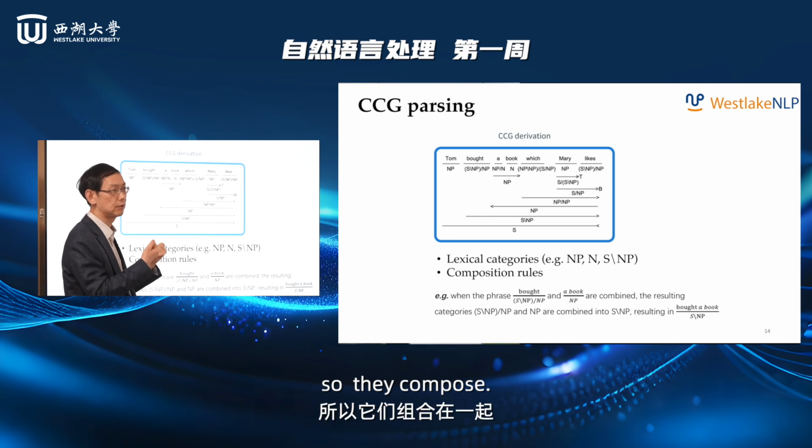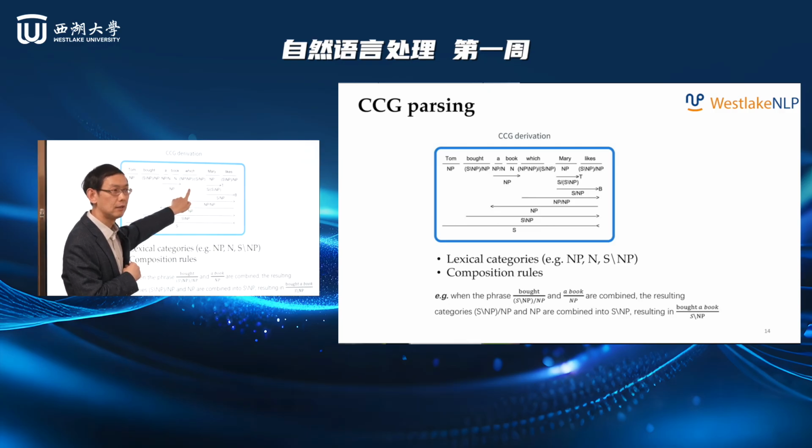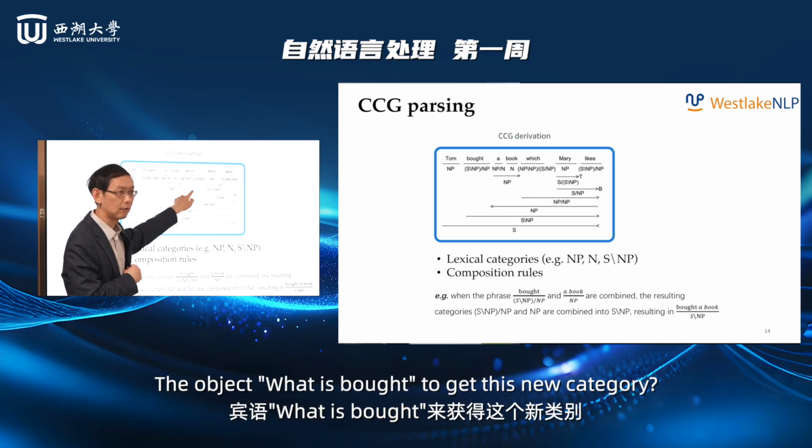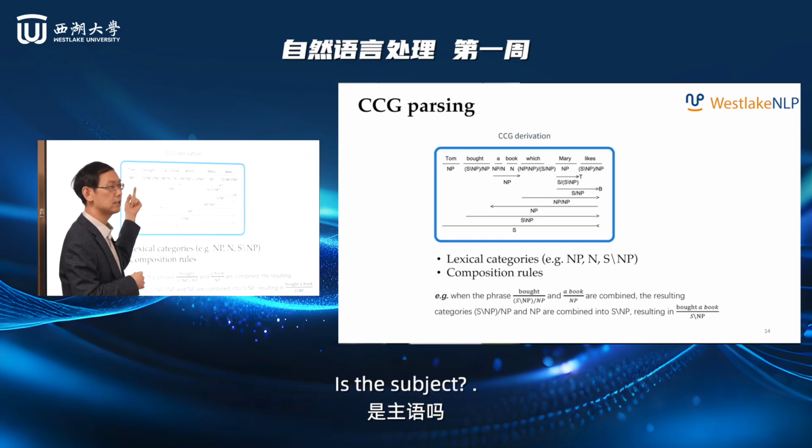So they compose, okay? So what do you think it is looking for on its right? The object, right? That is what bought takes to get this new category. And this new category will look for something on its left. What do you think it is? It's the subject.